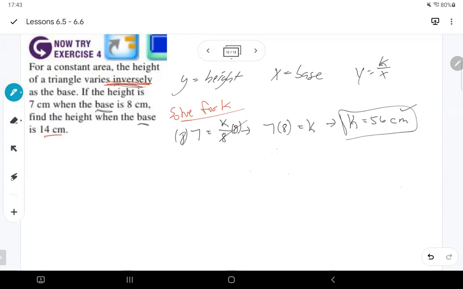And then once we have solved for k, we're going to solve for y, given x is now 14 centimeters. Which is 4.